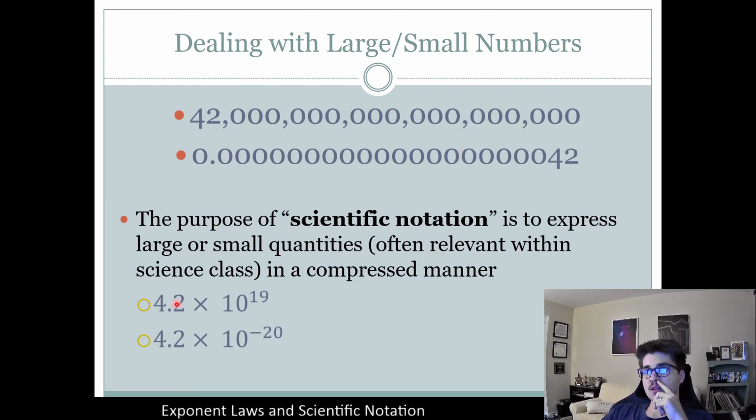But basically, if I just wanted to multiply this times this, what I could do is multiply what those numbers are, 4.2 times 4.2, which would be a little bit easier, and I could multiply this. And if I multiply these, I would just add the exponents. That would just leave me with 10 to the minus 1, and this becomes a lot less scary of a thing to figure out.